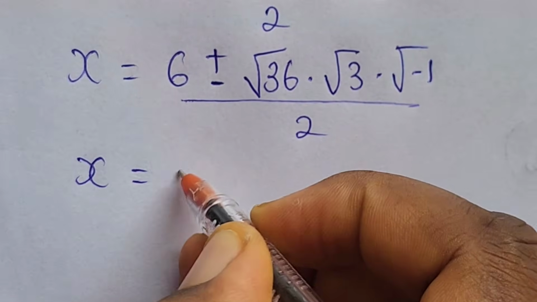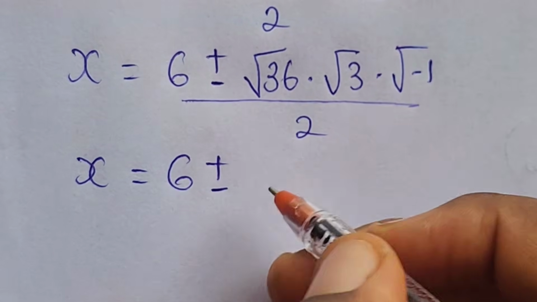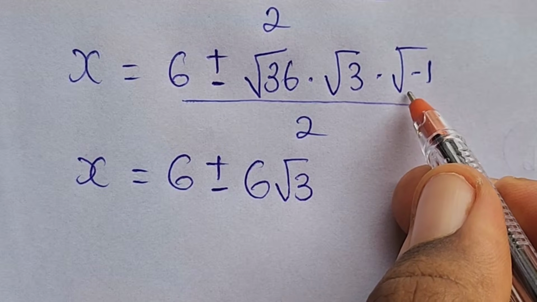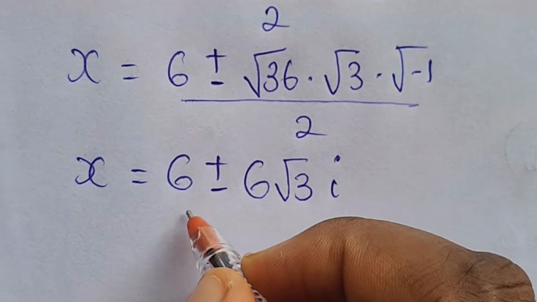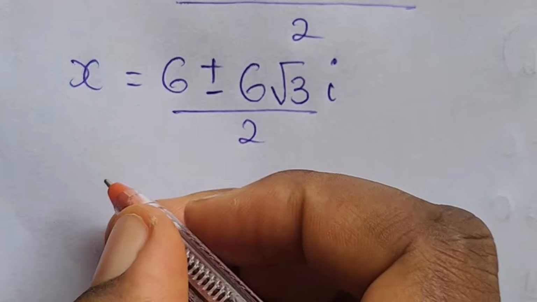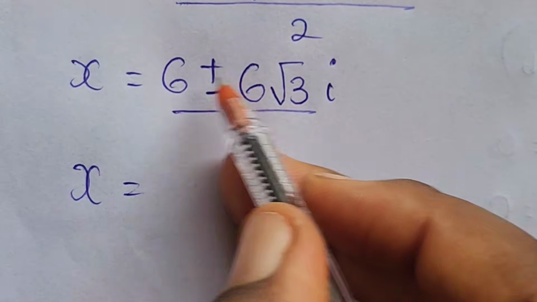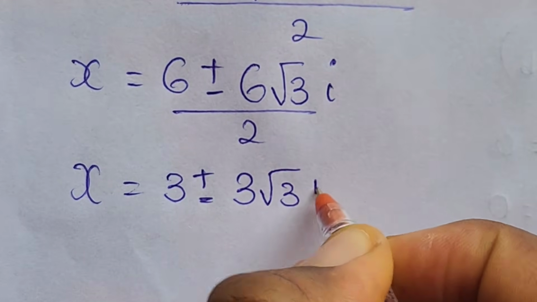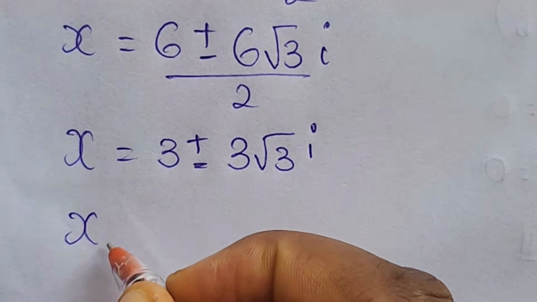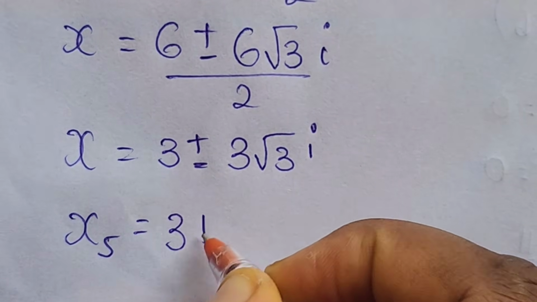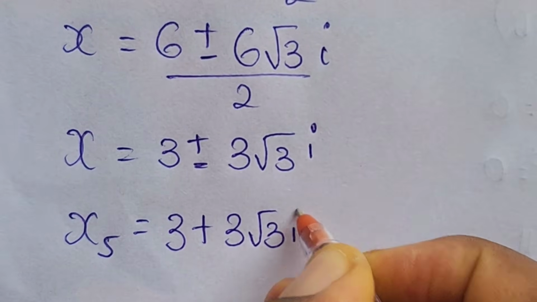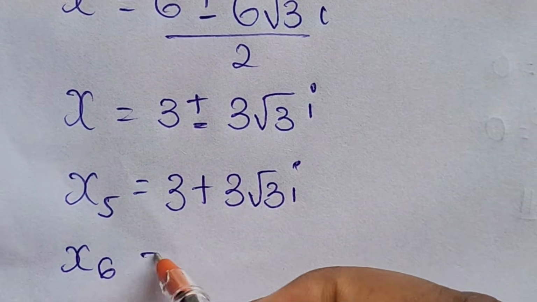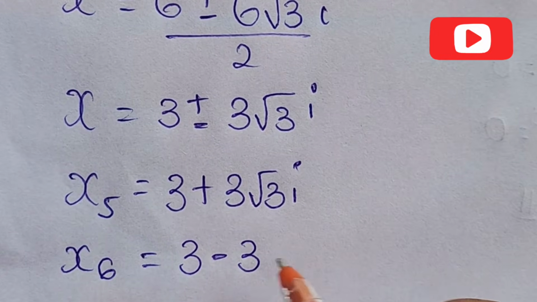So we have x equal to 6 plus or minus 6 root 3, and the square root of minus 1 is i, all over 2. So x is equal to, dividing through by 2, 3 plus or minus 3 root 3 i. So our x5 is equal to 3 plus 3 root 3 i, and x6 is equal to 3 minus 3 root 3 i.